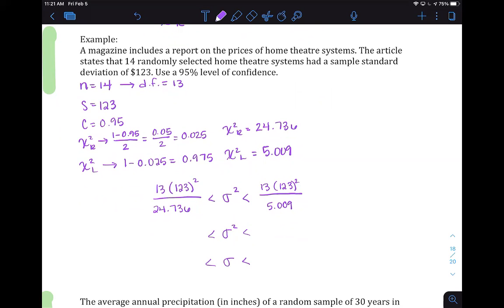So for our variance, we get what for the lower? Let's round to 2 decimal places.